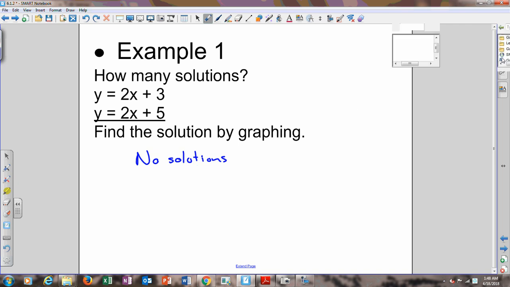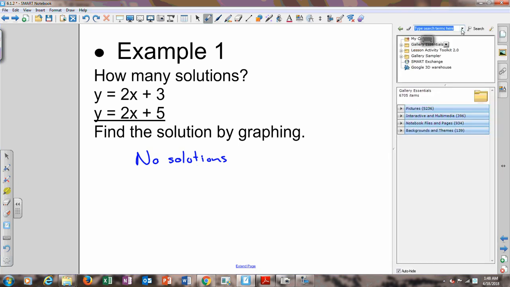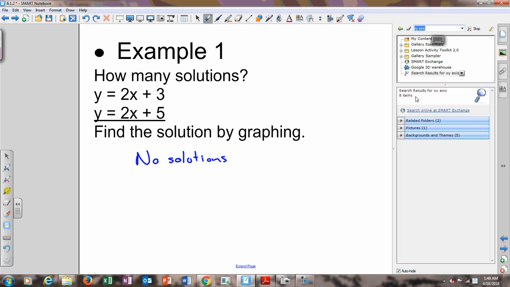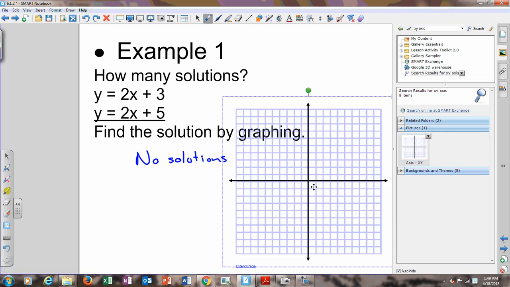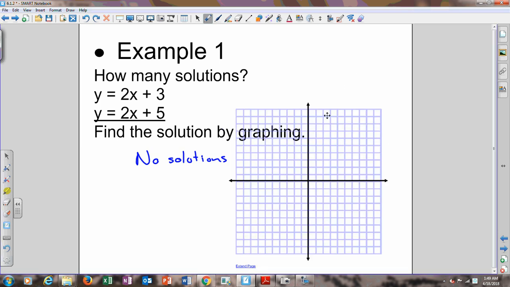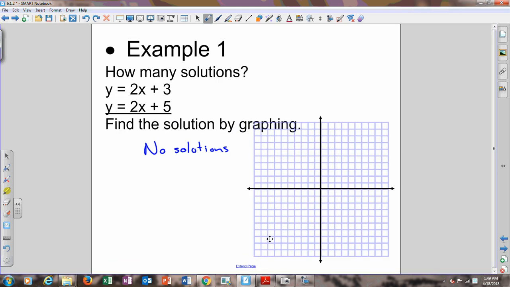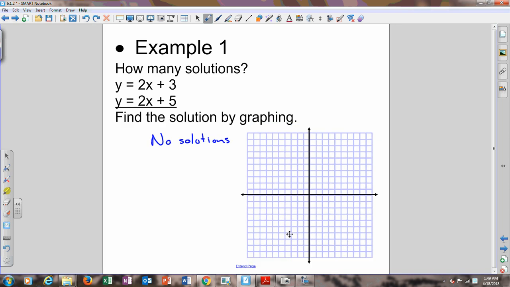If you must graph it, start with the first equation, go up 3, make a dot, go up 2 over 1, up 2 over 1, up 2 over 1.